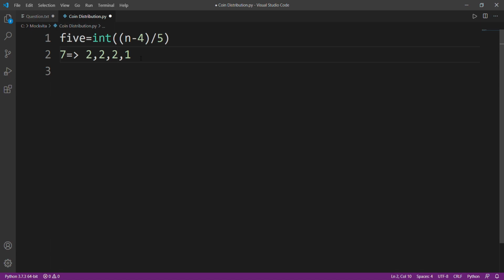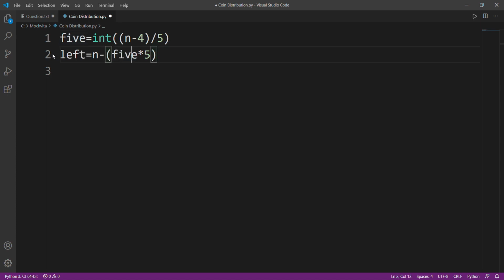If the number is even, we'll take two ones, because we can't take zero ones. We at least need a single one every time. And if the number is odd, we only need a single one. Okay, so I'll calculate what the value left is. The left value would be equal to n minus 5 into 5.